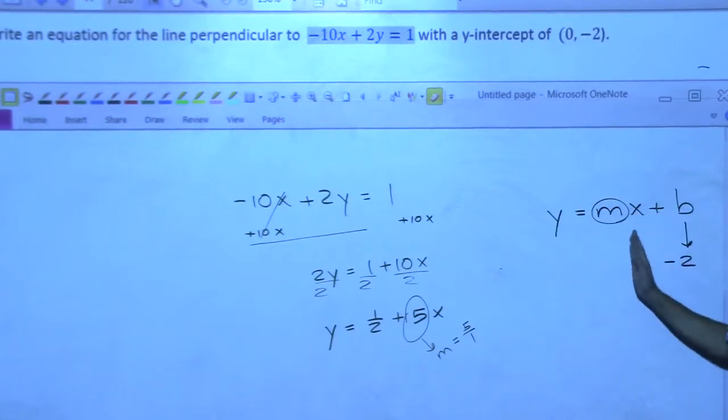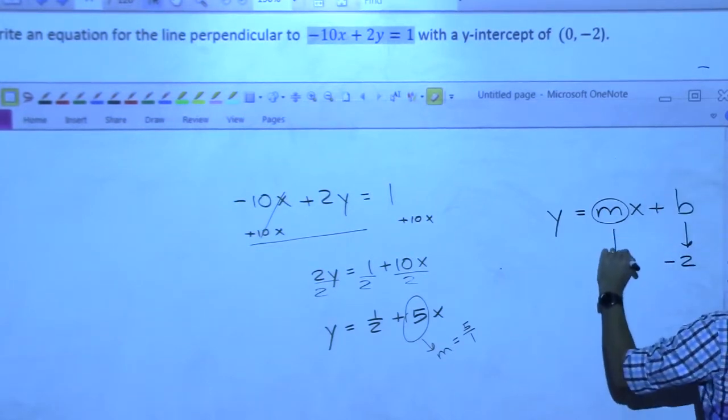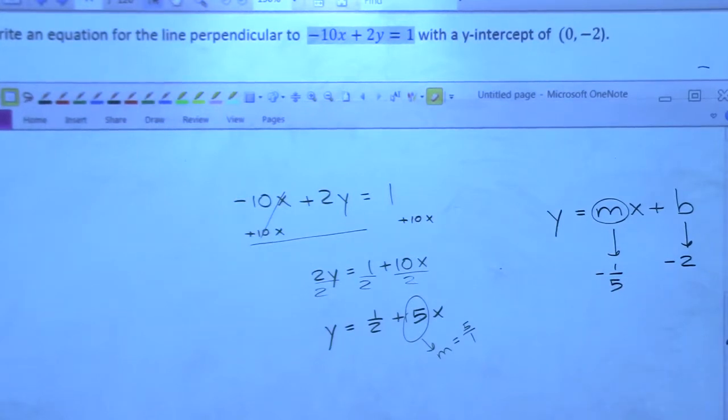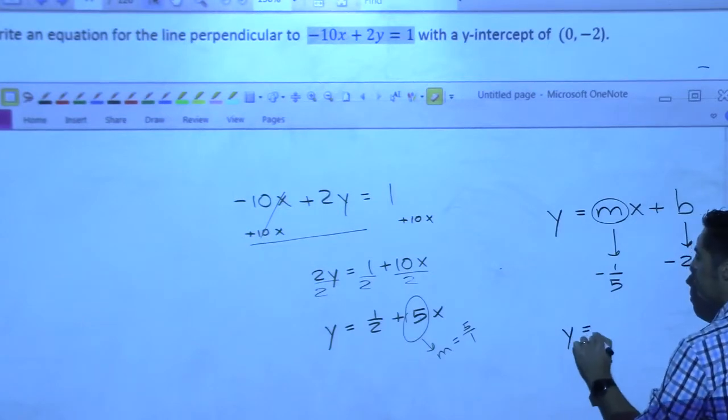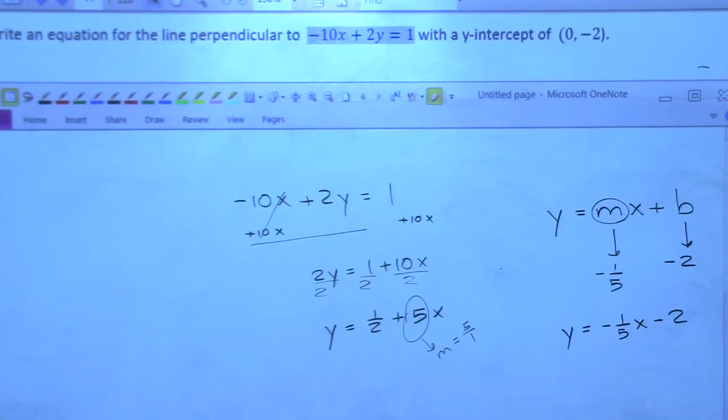So what's the slope of our line going to be? Negative 1 over 5. We're going to take that answer and flip it because we want it to be perpendicular. So this is going to be negative 1/5. Does that all make sense? Yeah, it makes sense. Okay. So y is equal to negative 1/5 x minus 2. There it is.